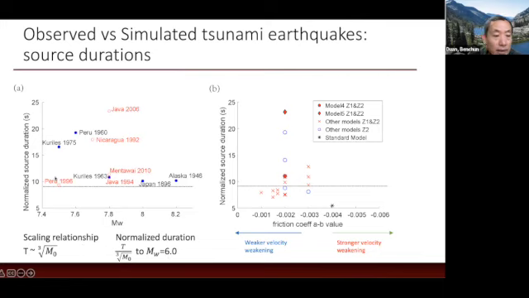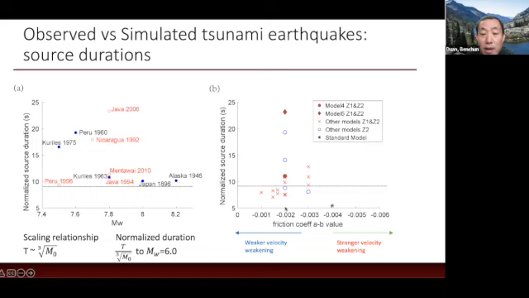This gives observed source durations for those historical events of above about 9 seconds. So in our model, we try to see what particular friction parameter in the conditionally stable zone can produce this kind of long duration.